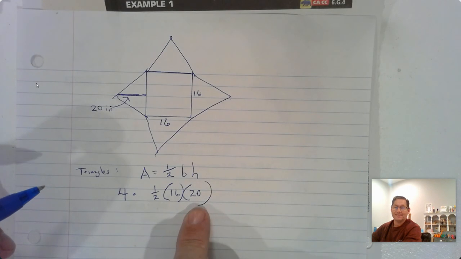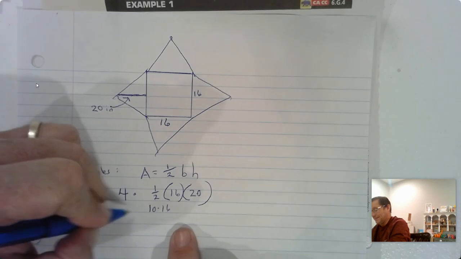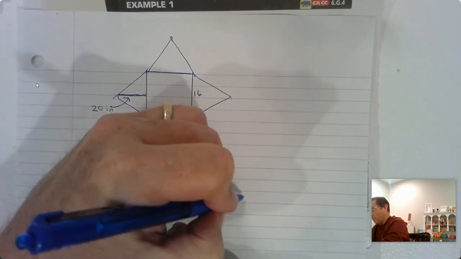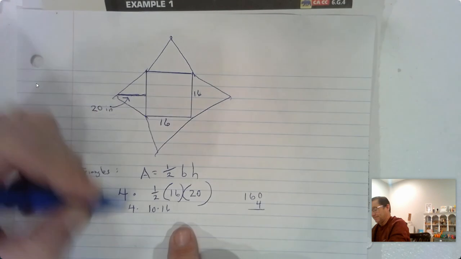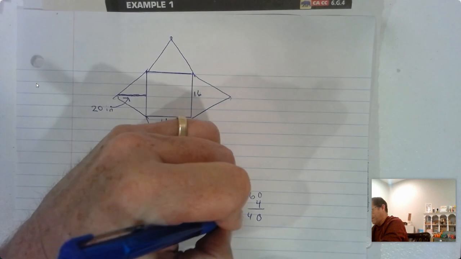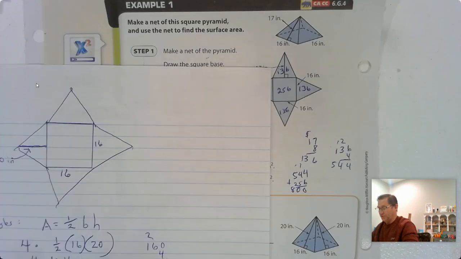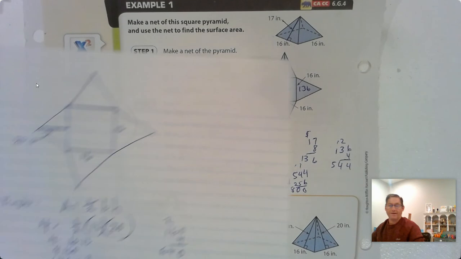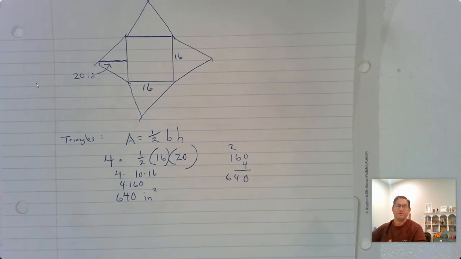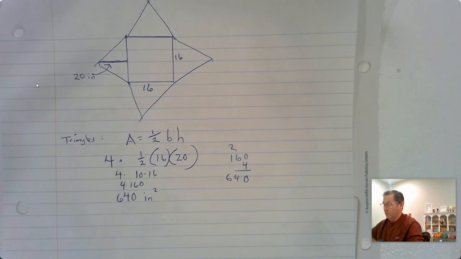Half of 20 is 10, and 10 times 16 is 160. So 4 times 160 gives us 640 inches squared. Again, we're finding area, so the units will be squared.